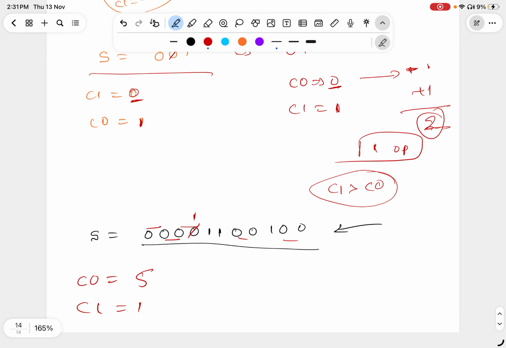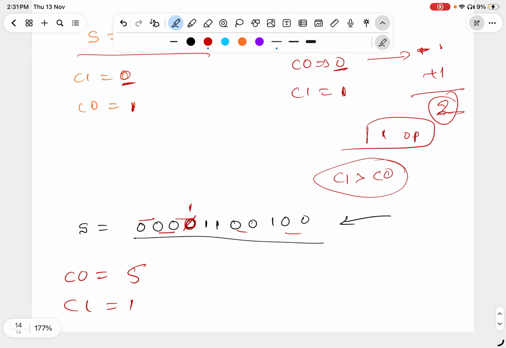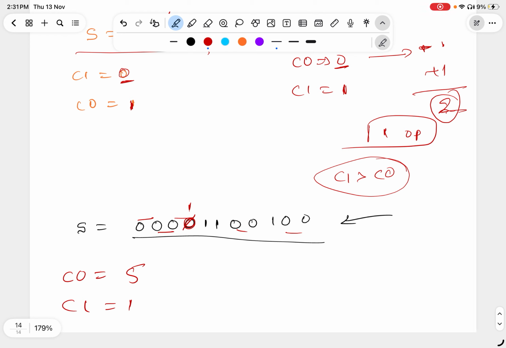Now if I choose this bit, then my C0 will decrease by 1 and C1 will increase by 1. Similarly, if I choose one more bit, my C0 will decrease by 1 and C1 will increase by 1.